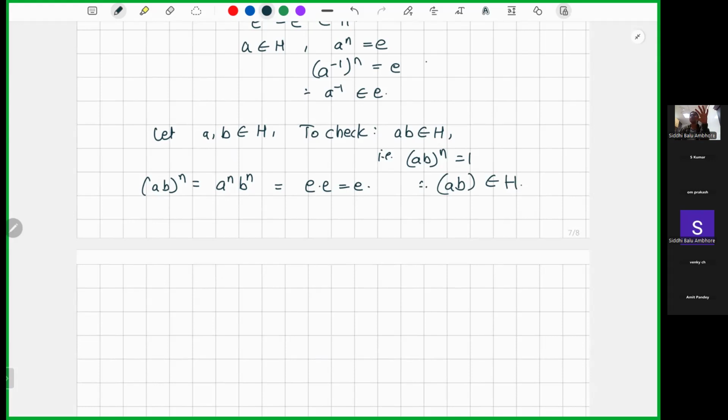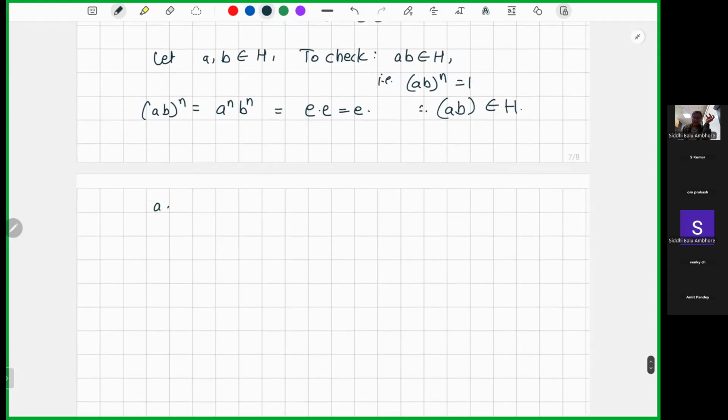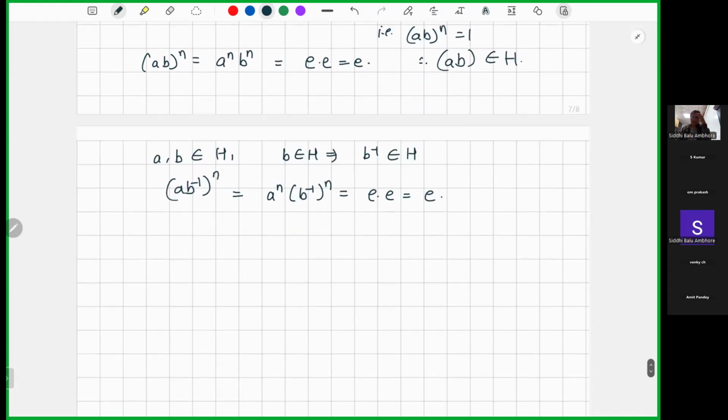Or if you do not want to check it like this, we can do this. We can take A, B in H, since B in H implies B inverse in H, and we proved this, right? If I take A and B from H, if AB inverse also belongs to H, then H becomes a subgroup. So let us see whether AB inverse belongs to H or not. So this is again this, and identity into identity, which is again identity.